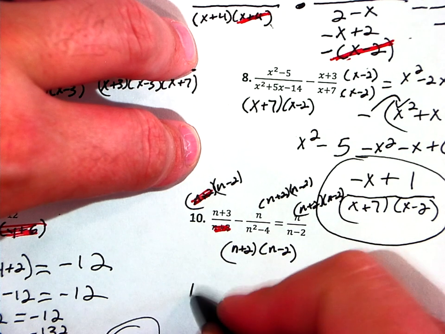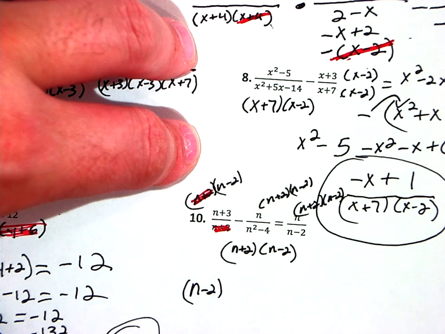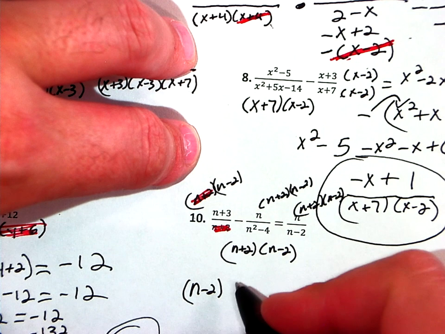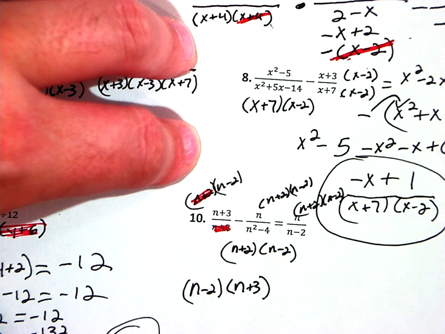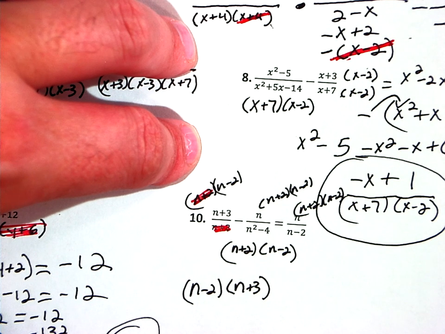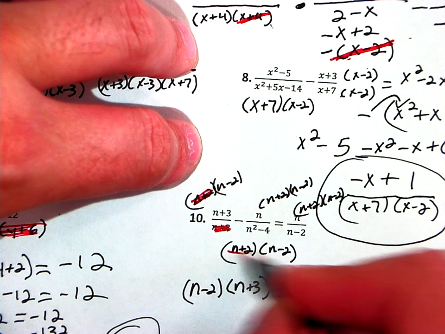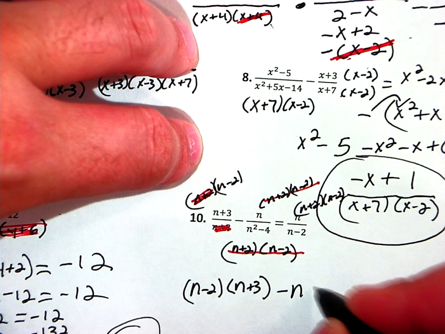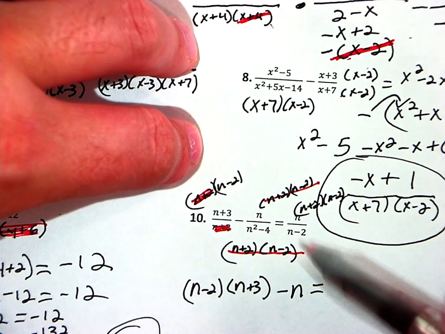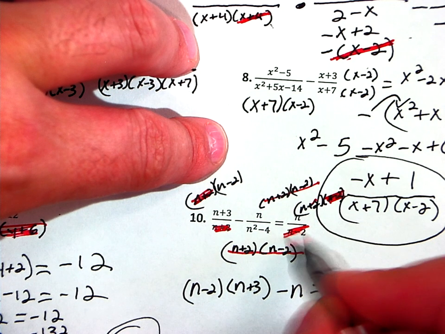Should you do the n plus 3 first? I don't know what you're talking about. N plus 3, I don't see an n. Oh, right there? Well, I need to multiply it by n minus 2. So that's it right there. And now we go on to the middle term. It's going to get rid of both of them, correct? And this one I can get rid of the n minus 2 and the n minus 2.